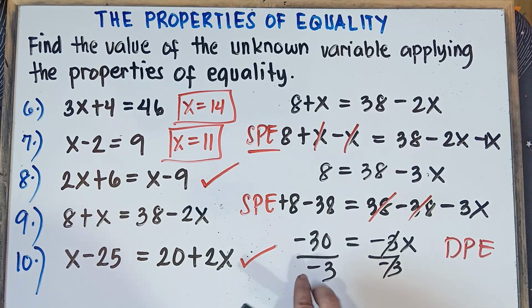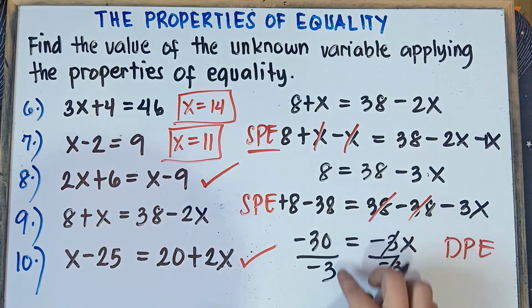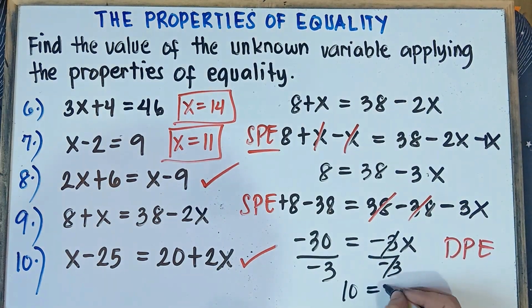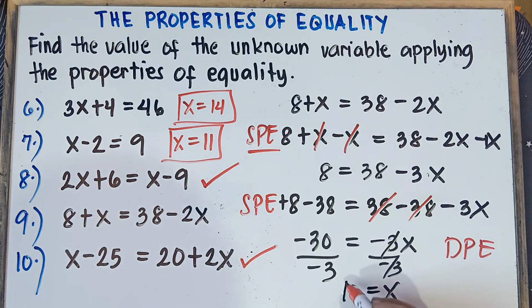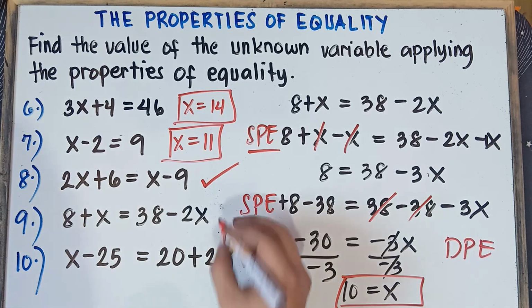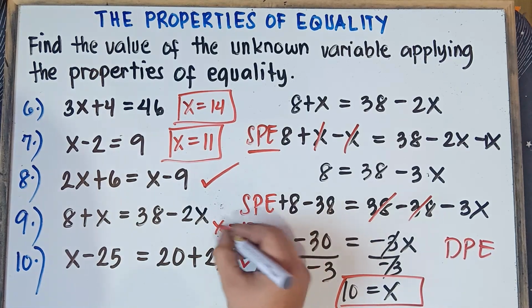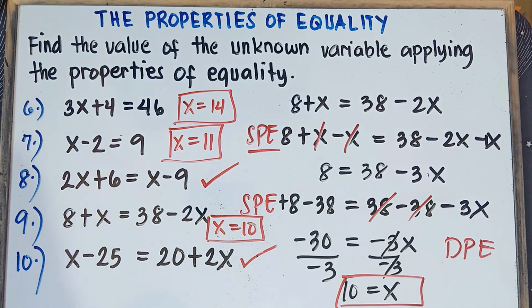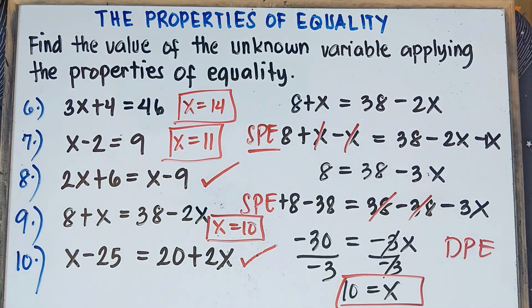Same signs, if you're dividing, the answer is always positive. 30 divided by 3 would be 10, equals x. That's the answer for example number 9. So x equals 10. We apply subtraction property of equality, and then division property of equality.